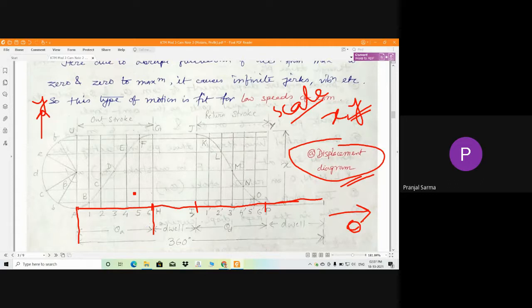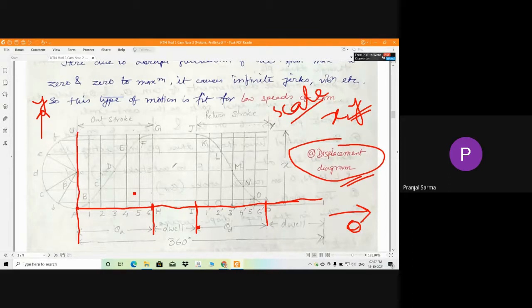Okay, so similarly, depending on whatever is the dwell angle, let's consider this much is your dwell, and after that let's consider this much is your theta d, that is the descent stroke angle. Okay, so next, depending on whatever is the lift that you have, that along the y-axis also you have to consider as per the scale, and one orthogonal line you are going to draw here.